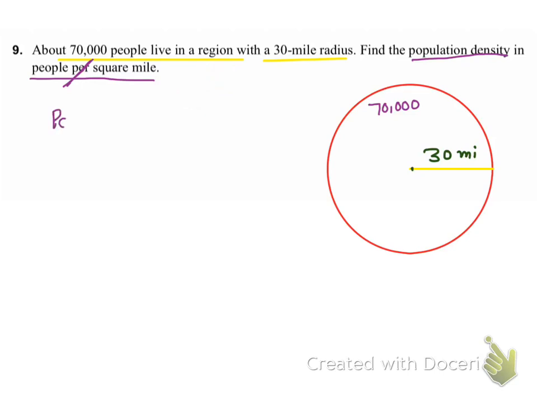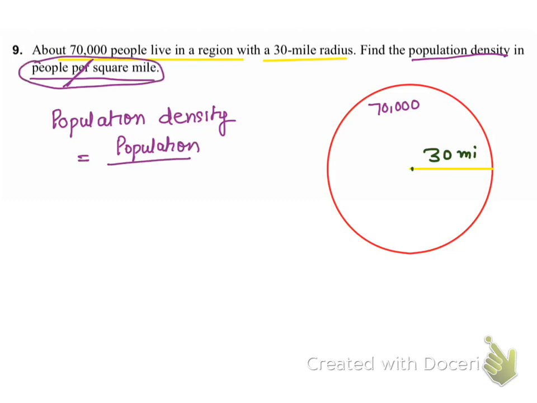Population density is equal to people or population. And how do we find it? We get the formula from here, people per square mile. So people means population, per means this division sign, and square mile means area of circle.